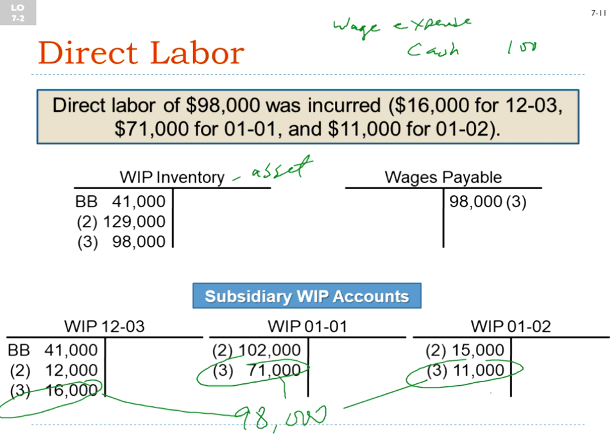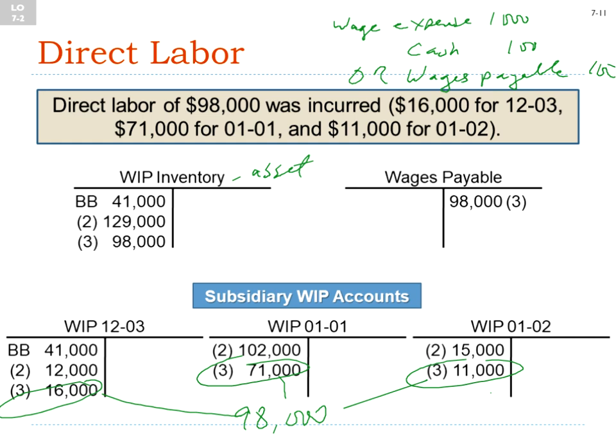So it makes sense. You're paying someone the cash, or if you're not paying them cash, you're going to call it wages payable. Right? So cash or wages payable for 100, and then wage expense is going to be 100.